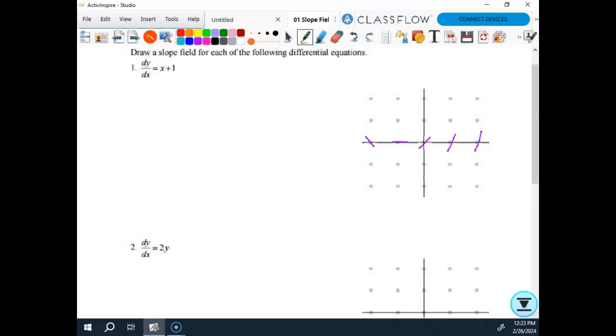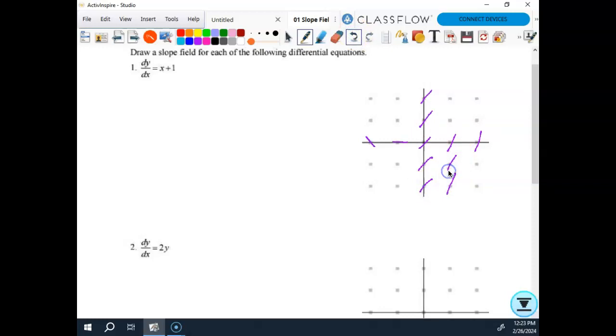Okay, so I think that some of y'all kind of figured out what was going on here, right? So if it only depends on x, at the point 0, 0, x is 0. At the point 0, 1, x is 0. At the point 0, 2, x is 0. So they are the same for every y value.